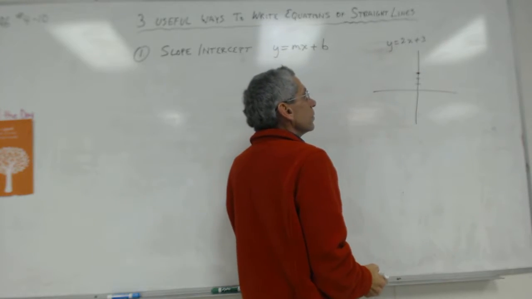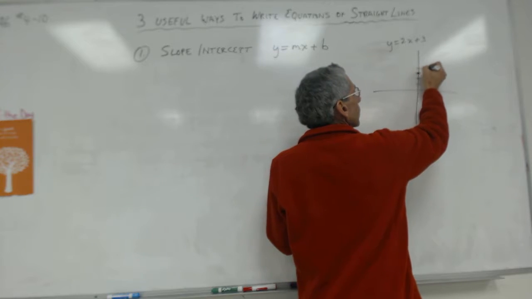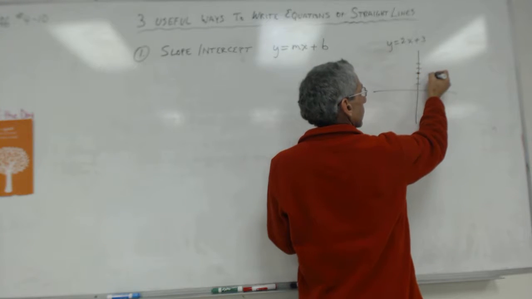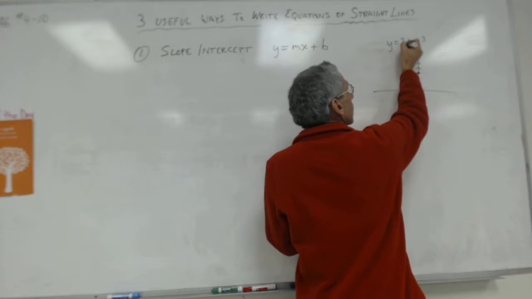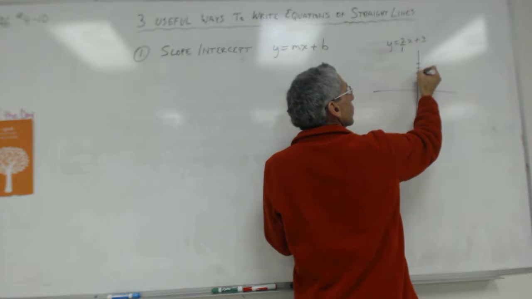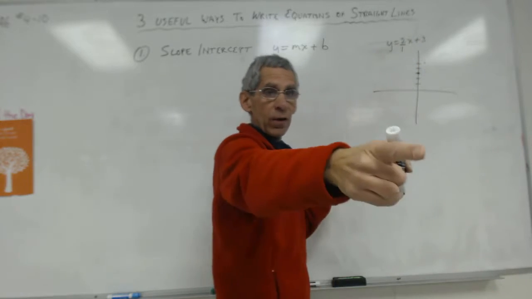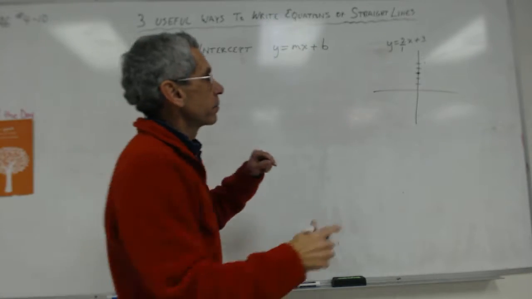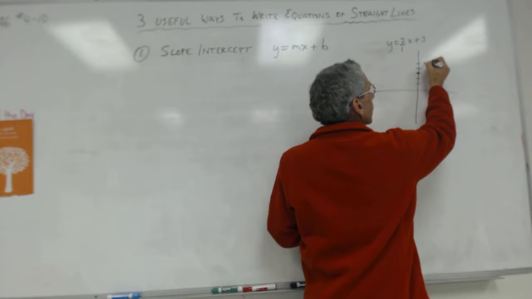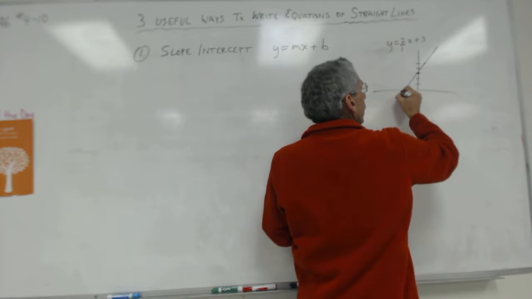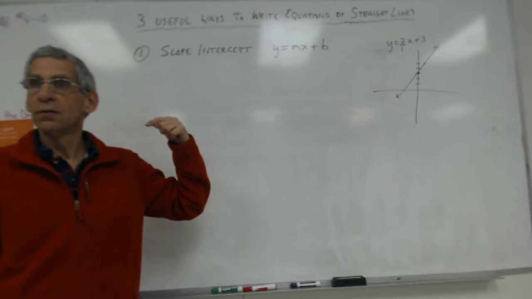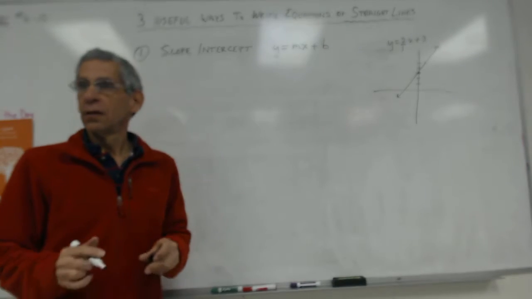Then you go 2 up, then 1 to the right. Yes, you're right. Tom's right. So you all remember that. Fist to 5. Do you remember this? Good. Thank God.